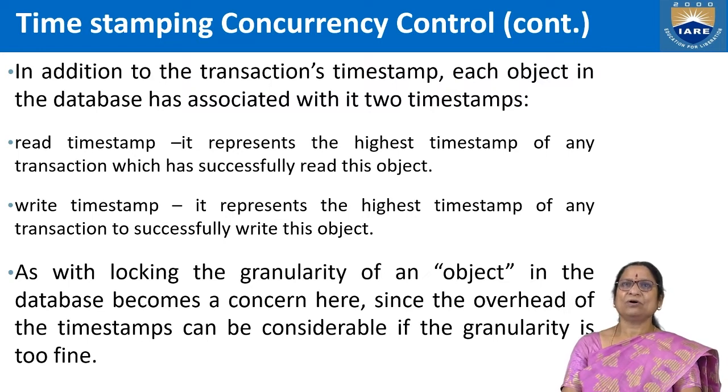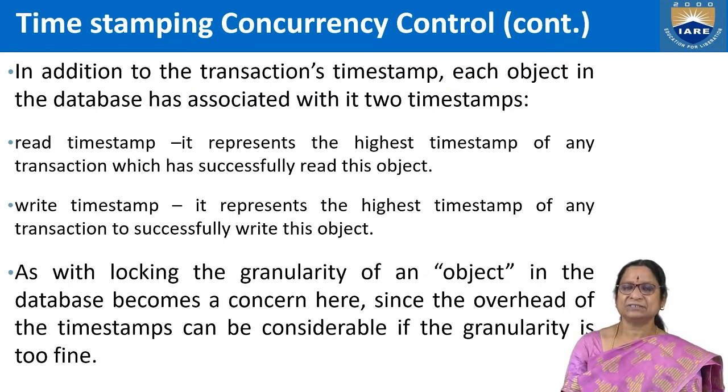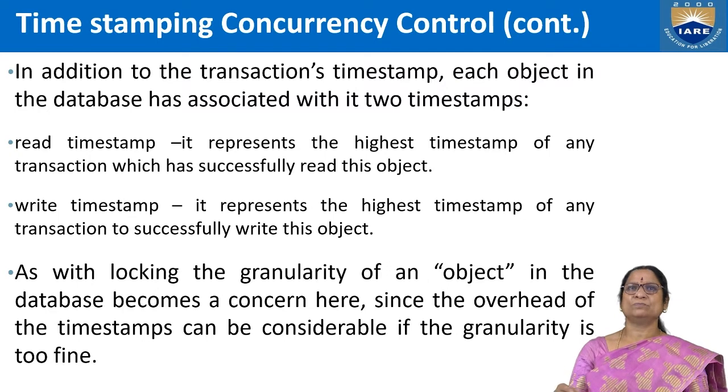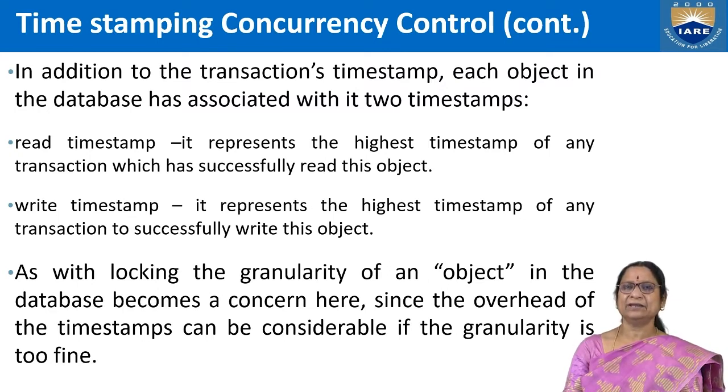So in this protocol, the transactions are allocated timestamps. Not only transactions, each and every object is allocated a timestamp. Of course, in the case of objects, we may consider various levels of granularity also. Most of the time, the table or the data item will be considered, but depending upon the granularity, these timestamps have to be considered.